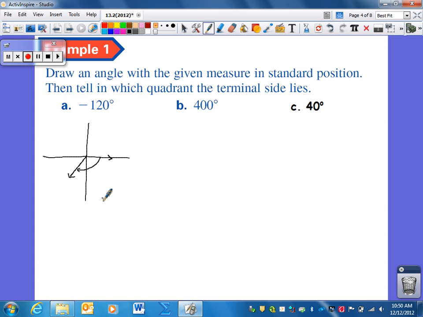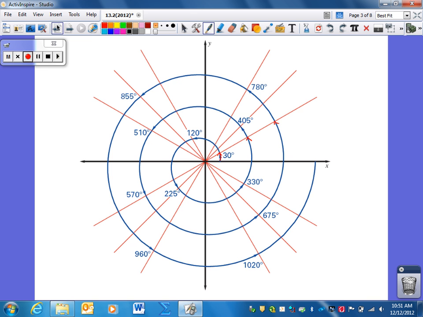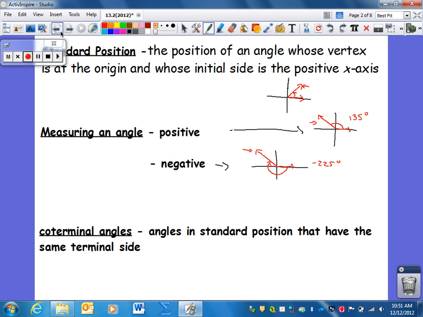Okay, 225 degrees. From here to here is 180.